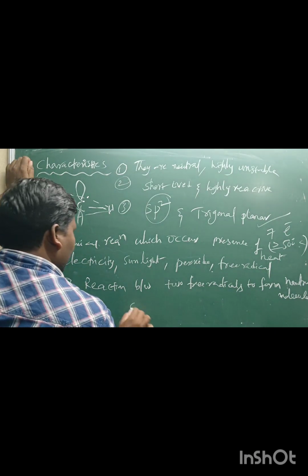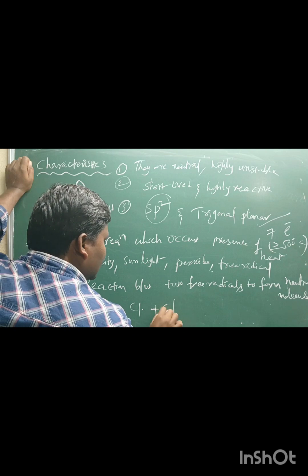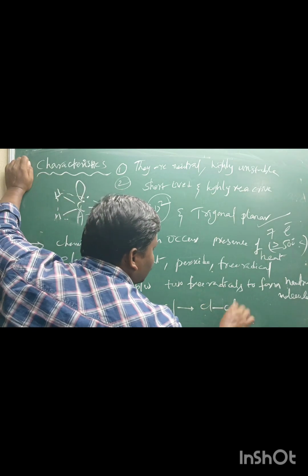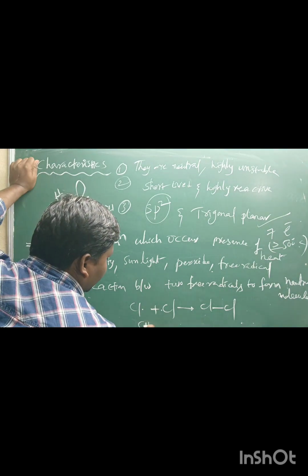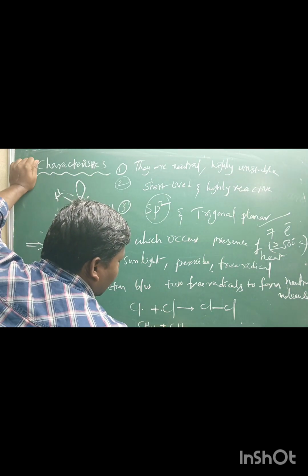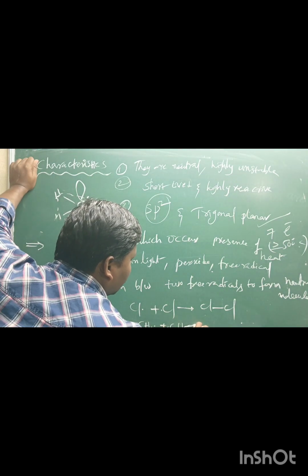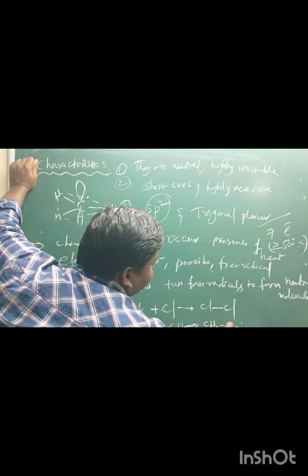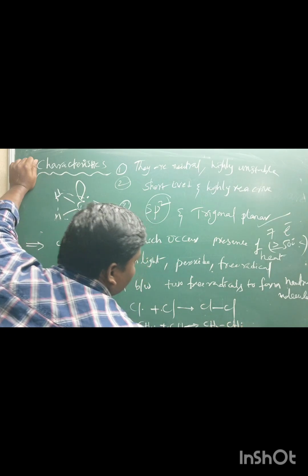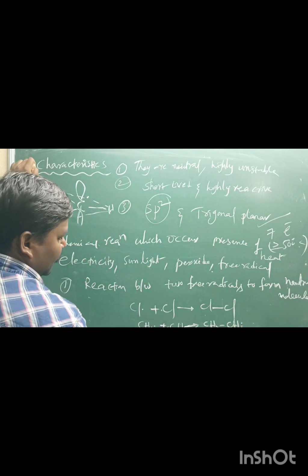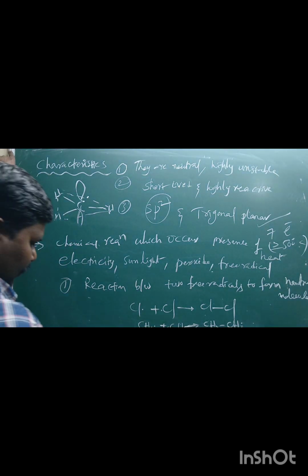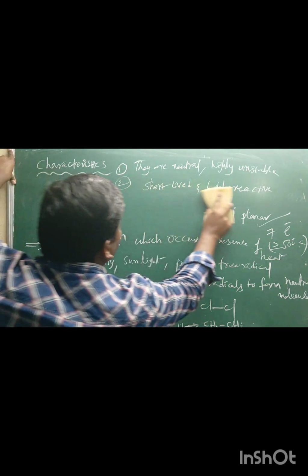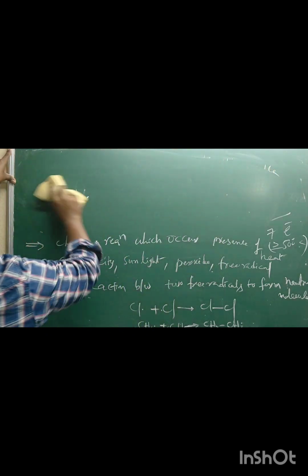For example, Cl free radical combines with Cl free radical to form a Cl2 molecule. Methyl free radical combines with methyl free radical to form ethane. This is one reaction.